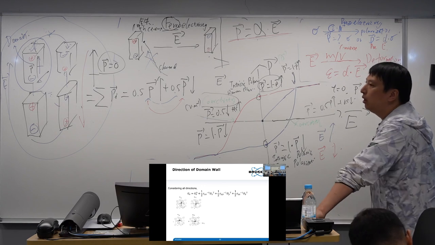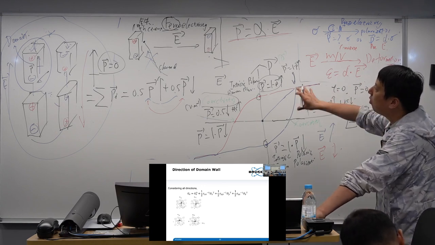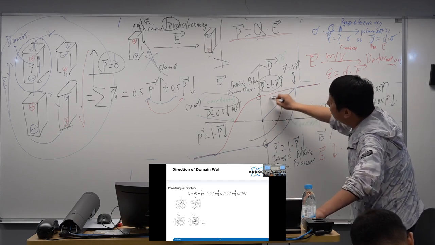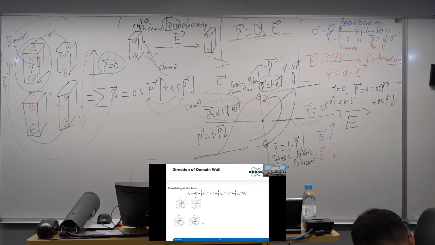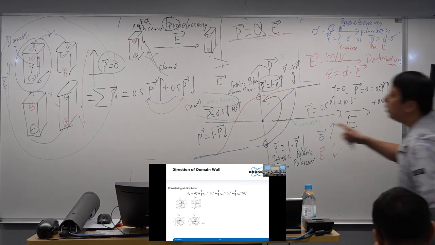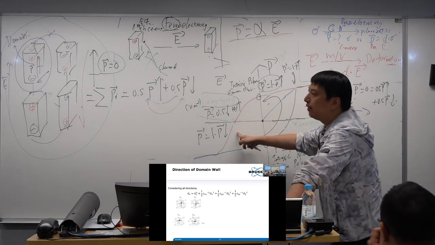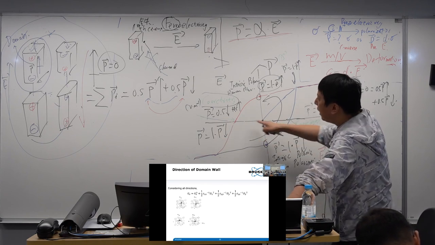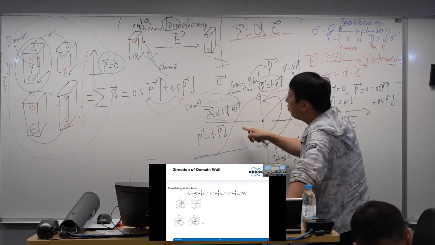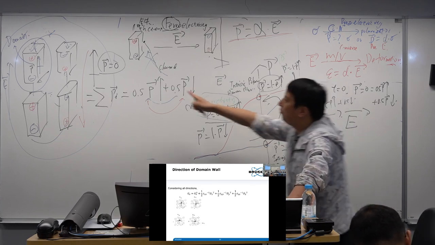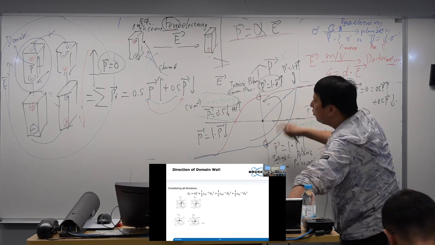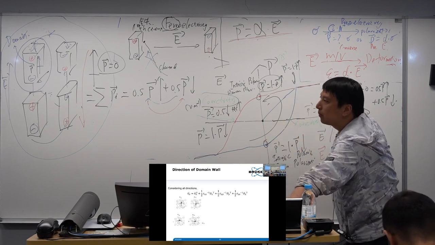Second, in the textbooks, they will call this hysteresis loop anti-clockwise. This property means if we want to switch the direction of the polarization, for example, if we want to switch from facing up to facing down, we have to use a negative electric field.